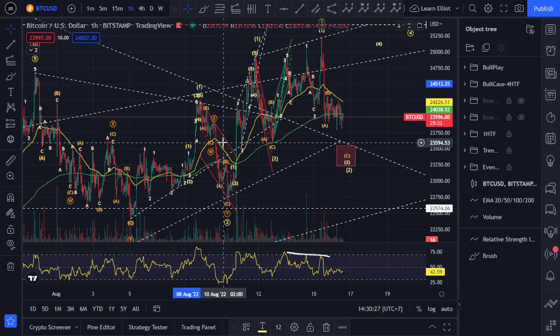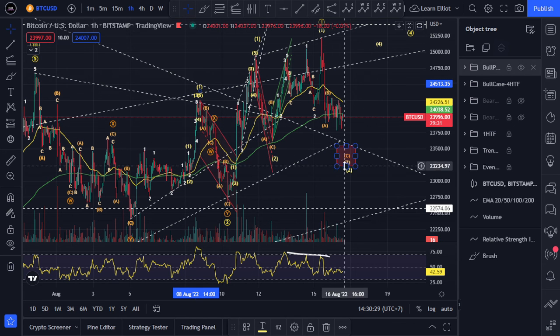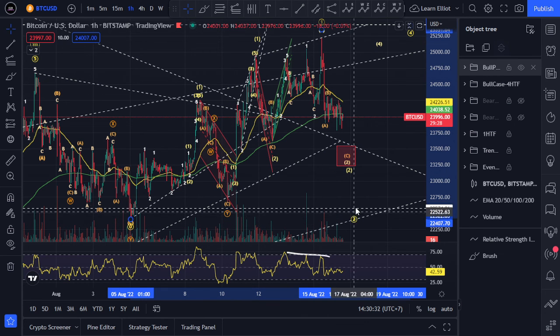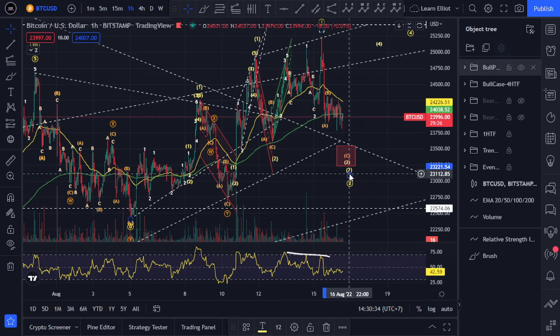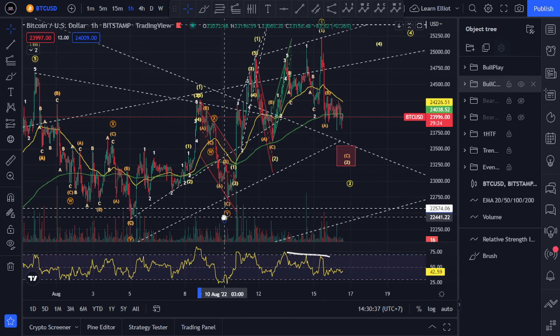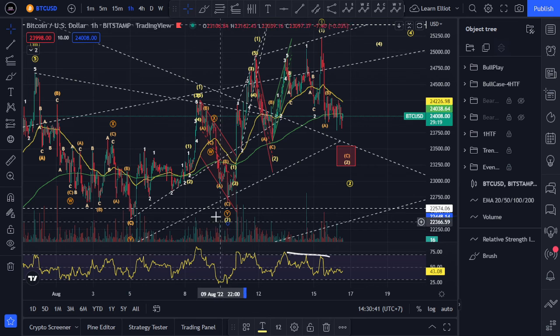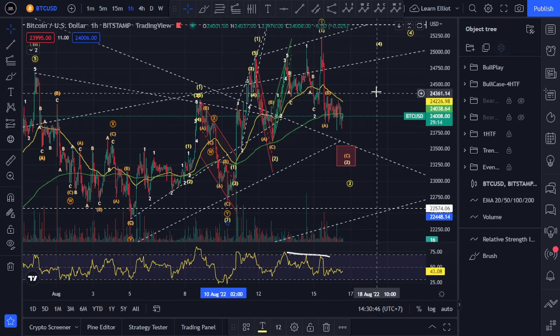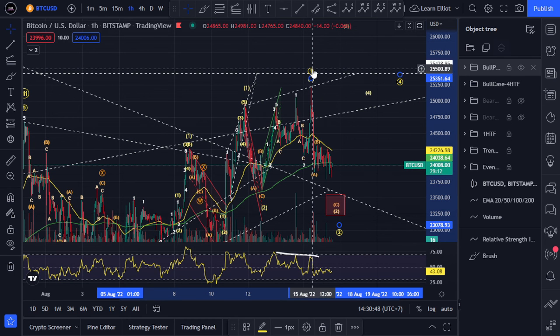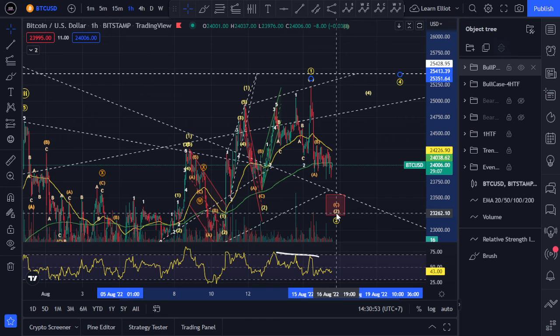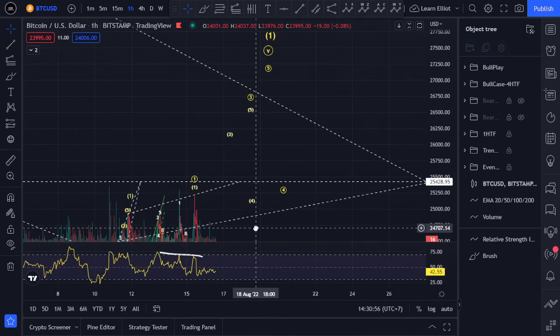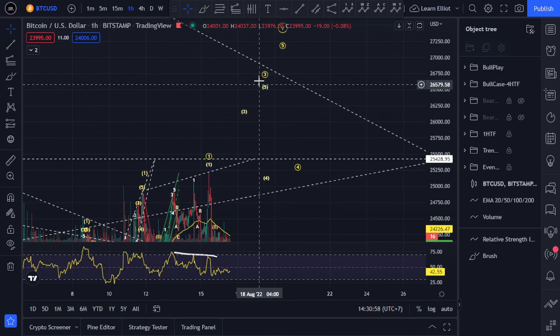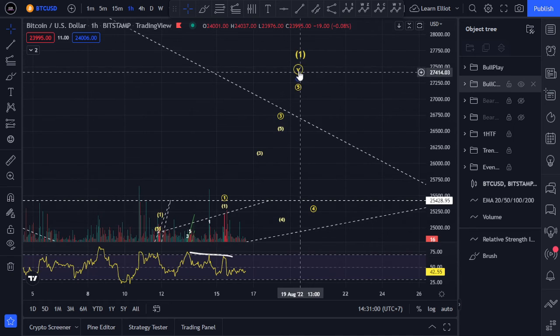We have a sub micro 1-2 setup here, which makes this the second micro wave, and this is the first second wave of this sub micro 1-2 setup to complete the first micro wave here. So with that being said, assuming that this is the first wave, we are still missing the third wave here to complete the fifth wave here.